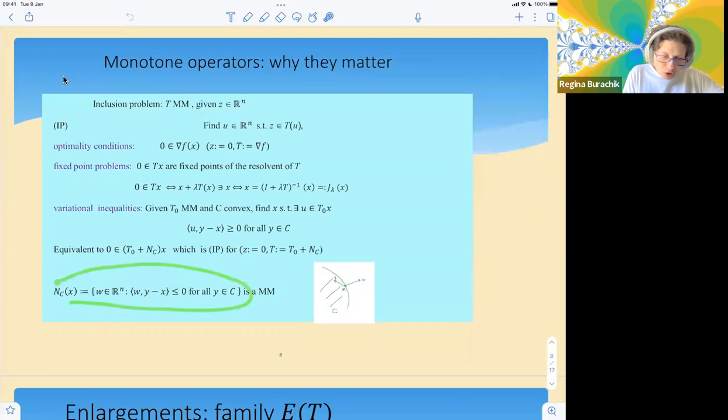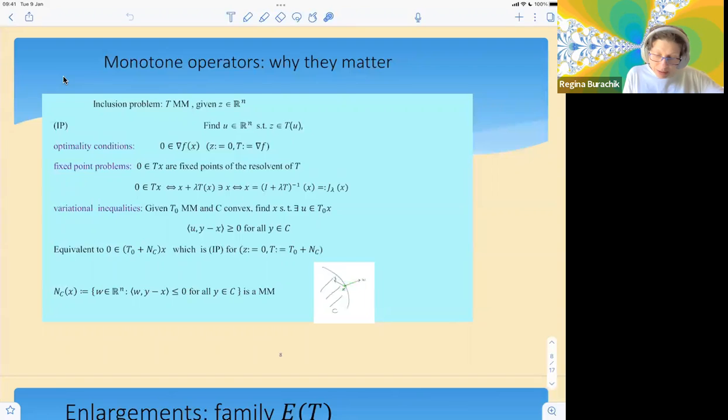This is called the normal cone operator because it gives you all the directions that point outward from a given point at the boundary of the set. And in the interior of the set, this normal cone is identically equal to 0, right? Because only w equal to 0 can form a negative angle with every single direction in the space.